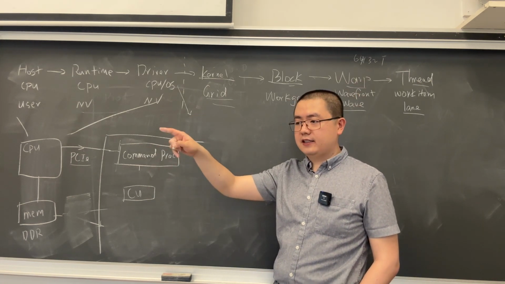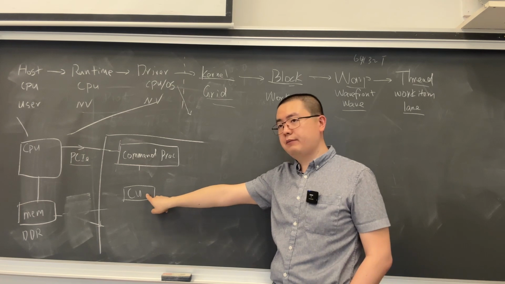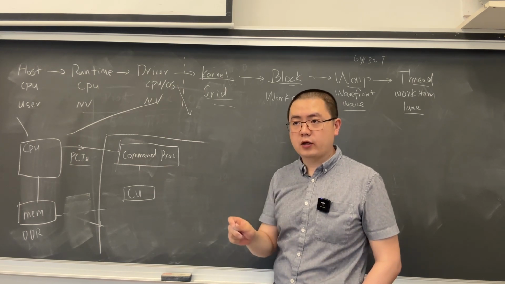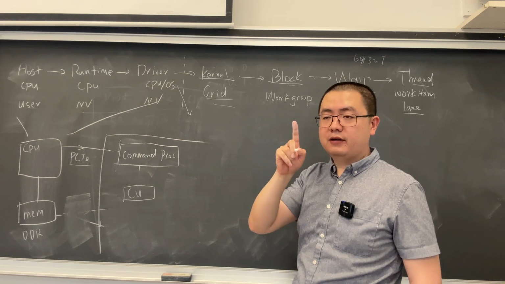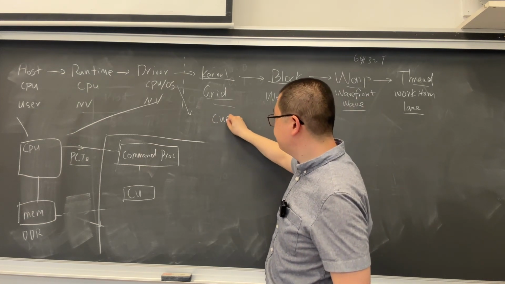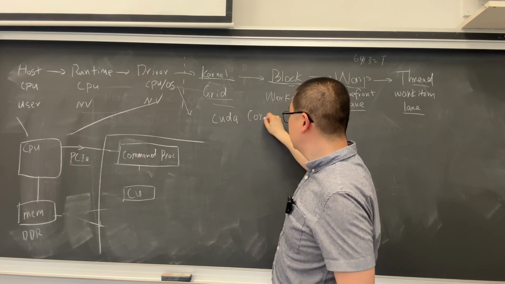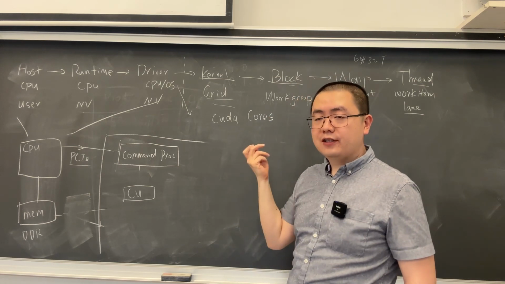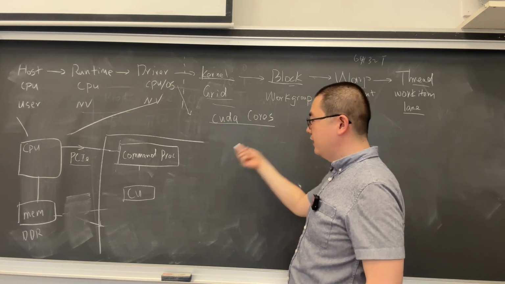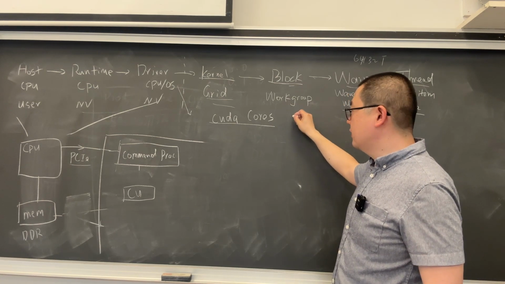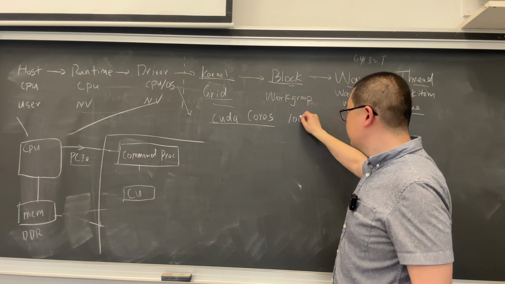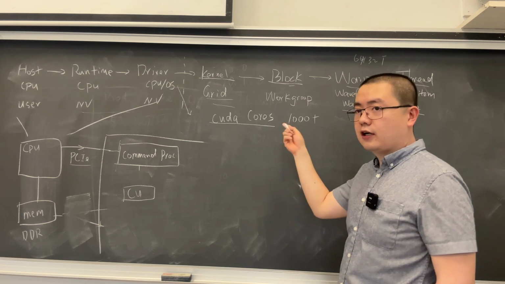Remember, Vega 64 and Vega 56, they are quick numbers for the number of compute units or number of cores. But if you look online, you may hear about another term called CUDA cores. And that's a totally different thing. We'll introduce what they are, but they are not compute units. What you can see is there are typically thousands of CUDA cores in one GPU.